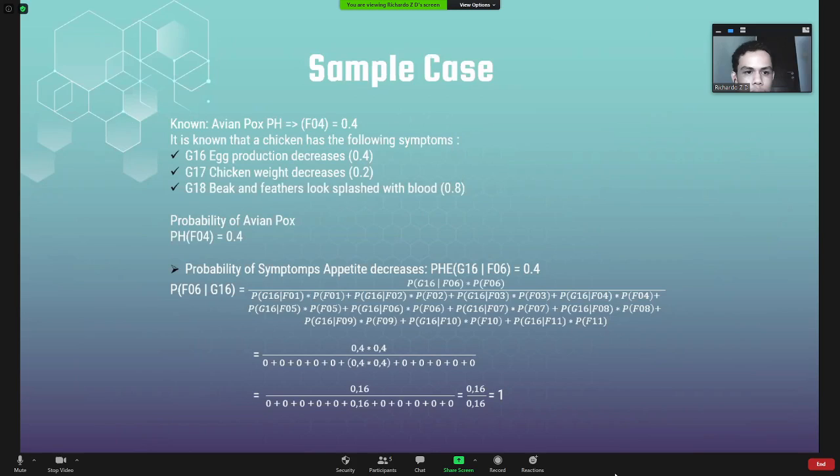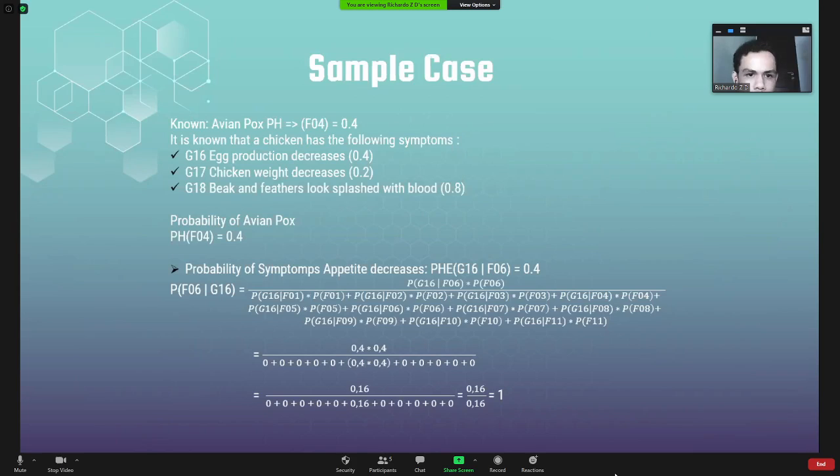The symbol is G16 and F06, which means the possibility of getting the symptom of egg production decrease, then he will get avian pox.